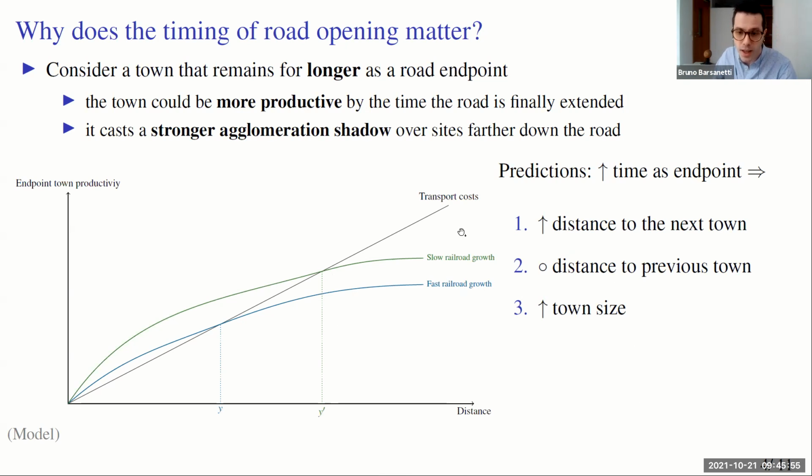And let me point out that all this is happening regarding what will happen with the next town to emerge. The previous town had already emerged, and so there is some asymmetric prediction of this model: time as endpoint, although it predicts distance to the next town farther down the railroad line, doesn't predict distance to the town farther up.